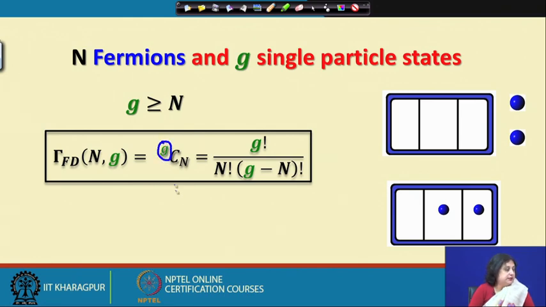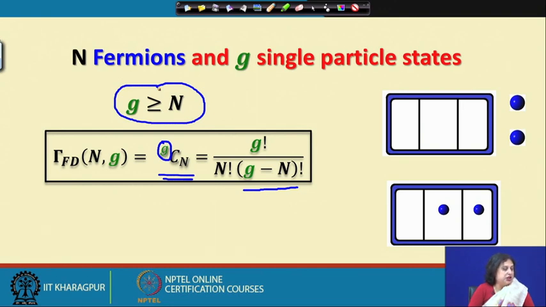So, this is gCN. And if I write down the explicit expression, that means g factorial divided by N factorial into (g minus N) factorial. The appearance of this term actually justifies the fact that I must have this condition fulfilled.